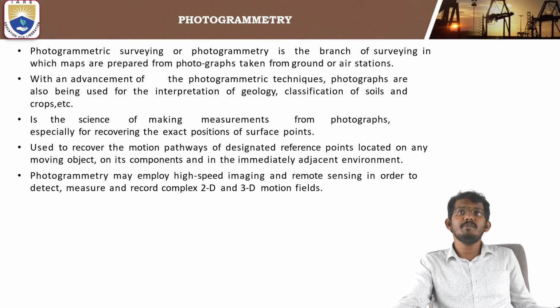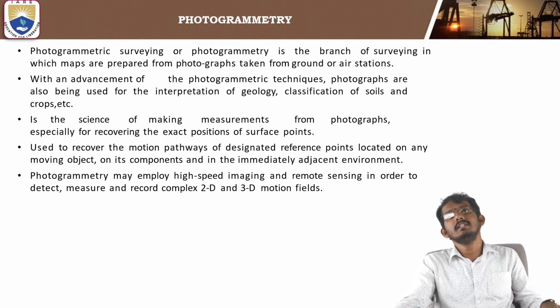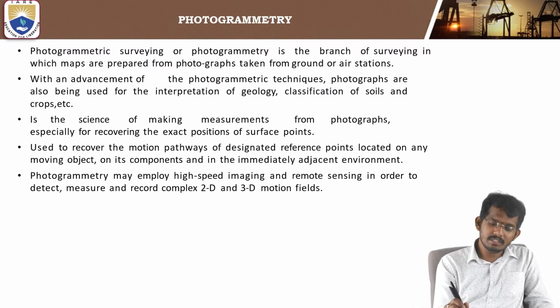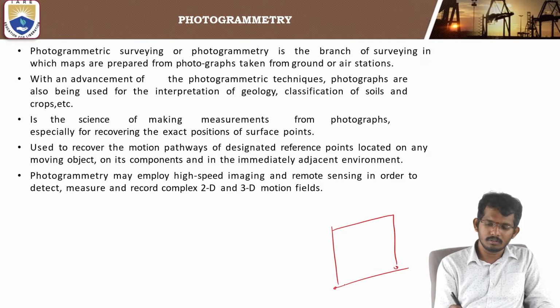Photogrammetry is a science of making measurements from photographs, especially for recovering the exact position of surface points. Suppose previously there was a building or a tower on the surface. This is a figure from 20 years back.